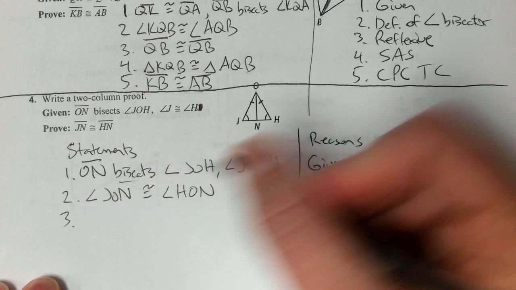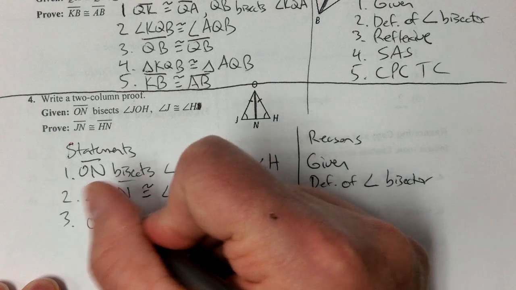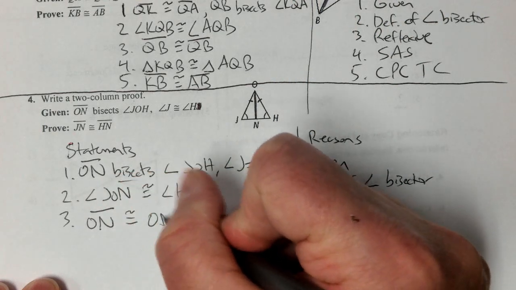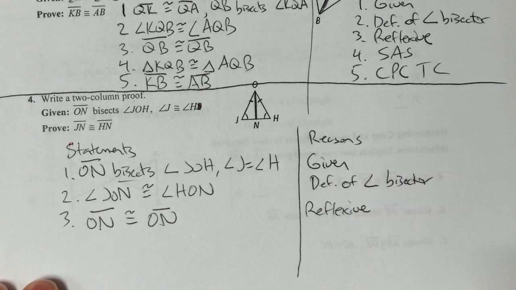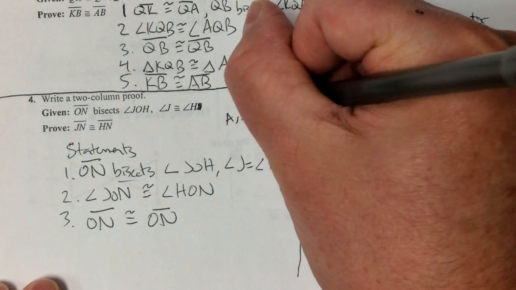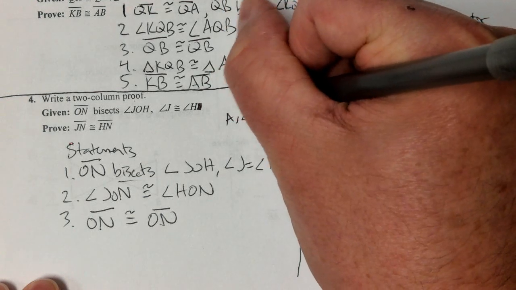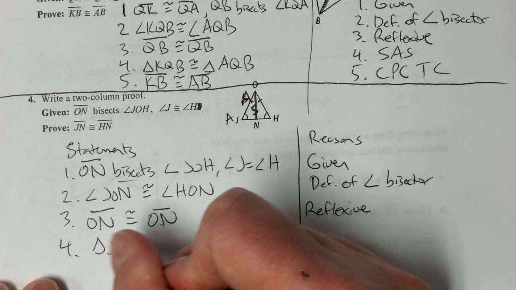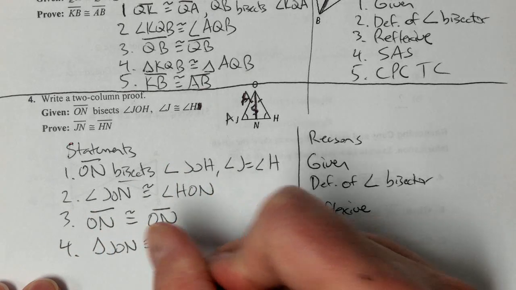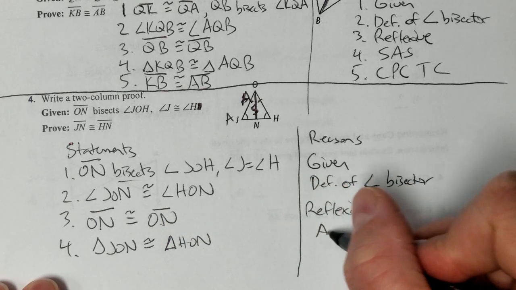Number 3, this one we have to use the reflexive side right there. So that's ON congruent to ON. And that would tell us enough for angle angle side. So triangle JON congruent to triangle HON from angle angle side.